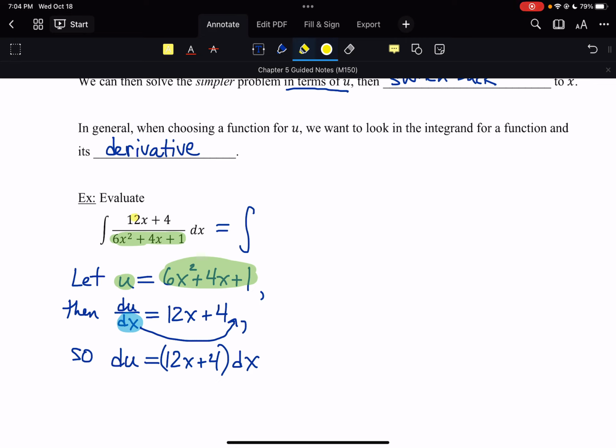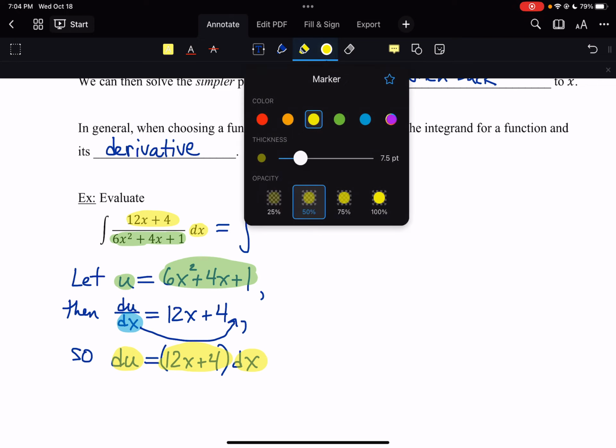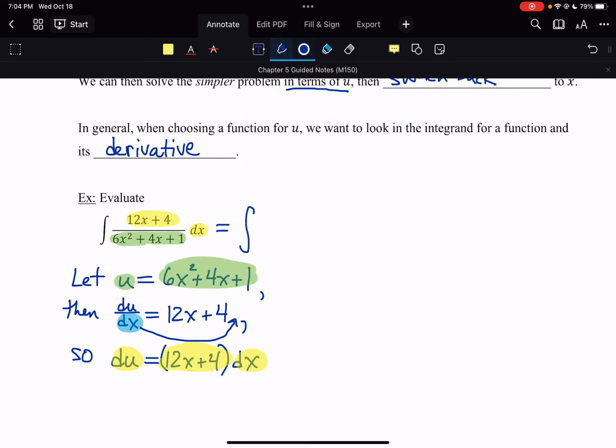The remaining terms, the 12x plus 4 and the dx, are getting replaced by a du. So we're going to get basically 1 over u du. So everything is getting replaced, and now you have an integral only in terms of u, not in terms of x.